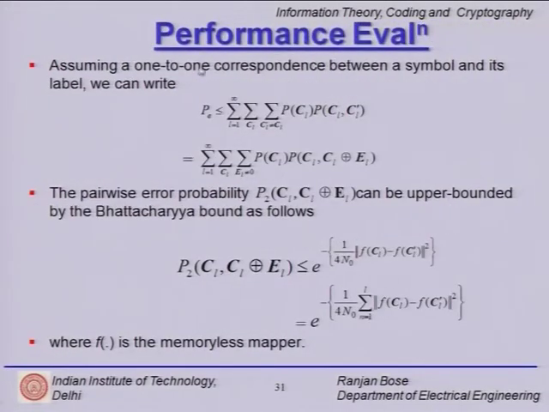So, now we can do a quick set of algebraic steps, and we look at this upper bound. Now, since there is a one-to-one correspondence between the symbol and its label, we have replaced the symbols by these labels. So, we have now the sequence of labels and the probability that CL is not the same as CL prime.